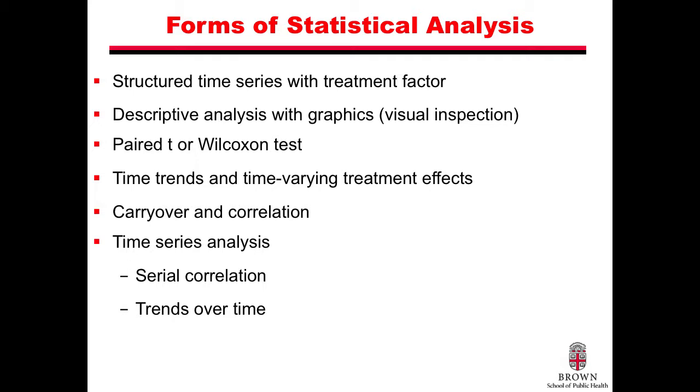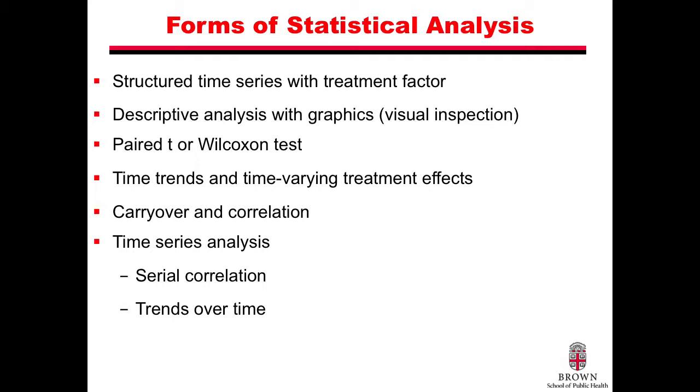You could do some kind of a simple analysis like a paired t-test or a Wilcoxon test or something. That doesn't adjust for time trends because somebody's health may be changing over time. They might be getting better just in general. And so you need to adjust for the time trends. So now you're into some sort of a regression analysis.